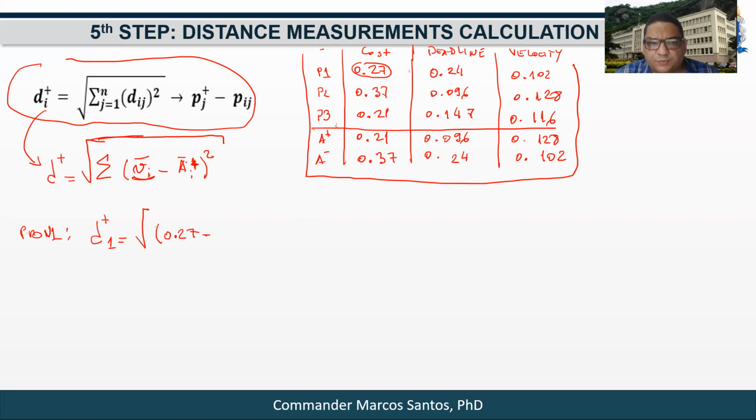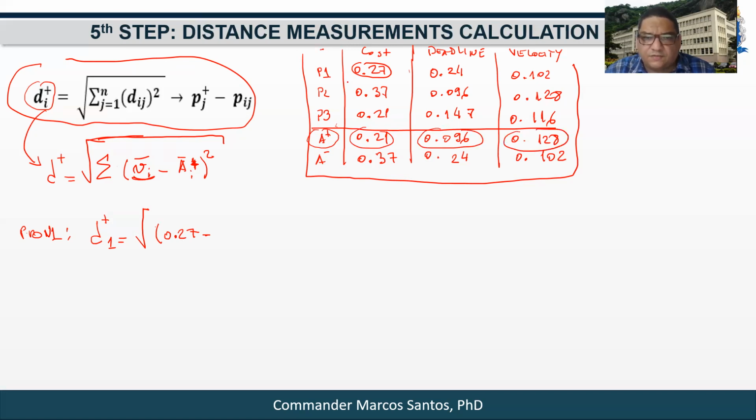Look at this expression. Positive A is our reference now.